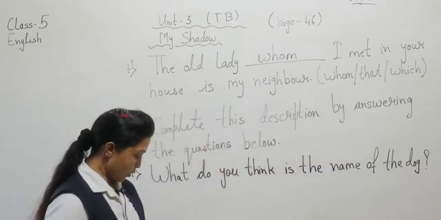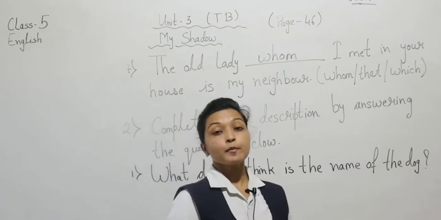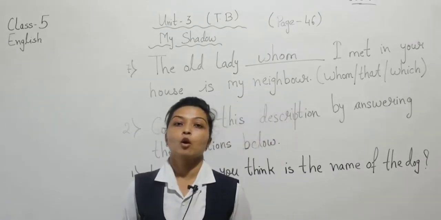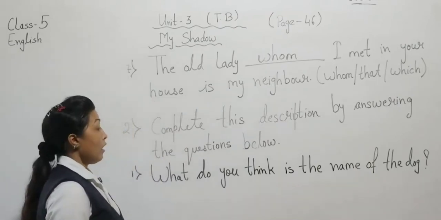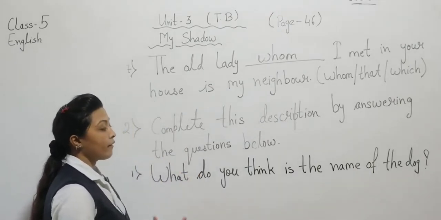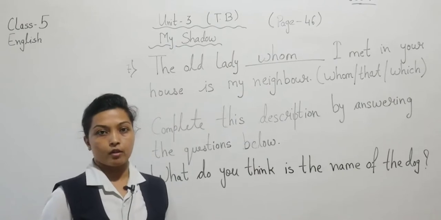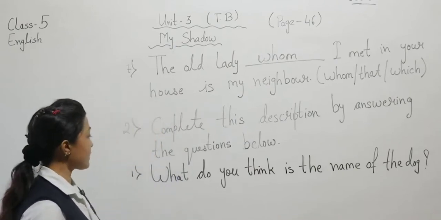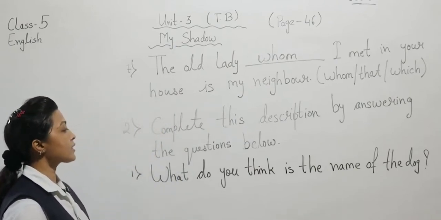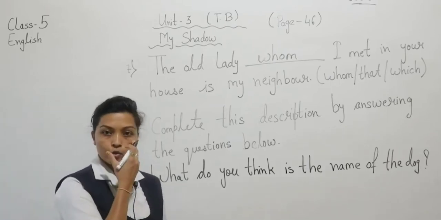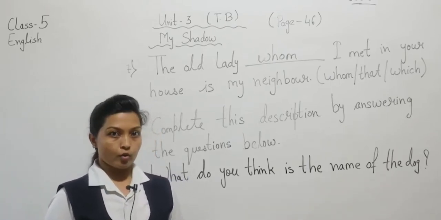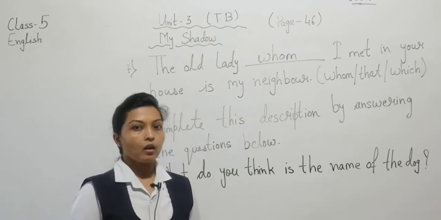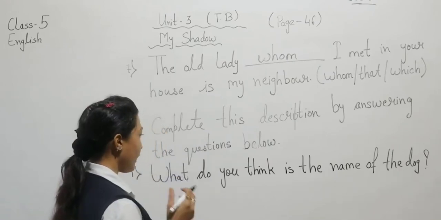So, see students, in your textbook page 46, one picture is given and now some questions are related to that picture. Okay, so now the question is what do you think is the name of the dog? So you have to write down here the name of the dog. So you can think of a better name and write it down.